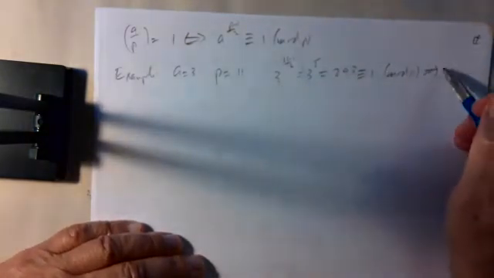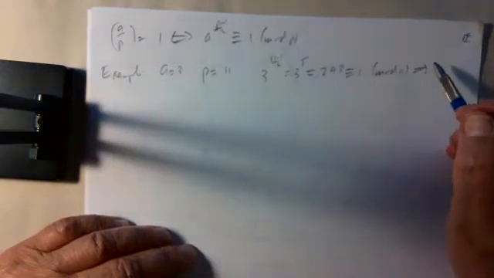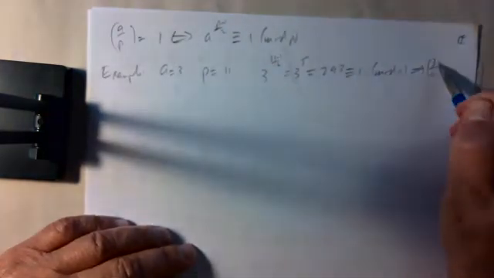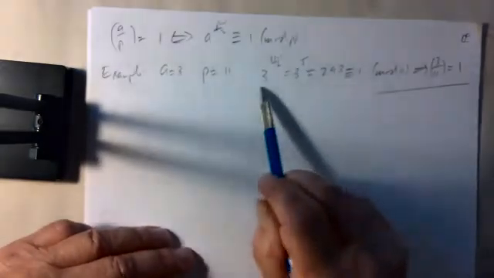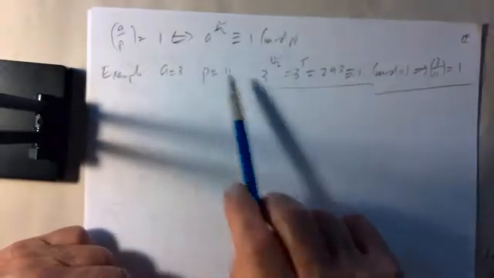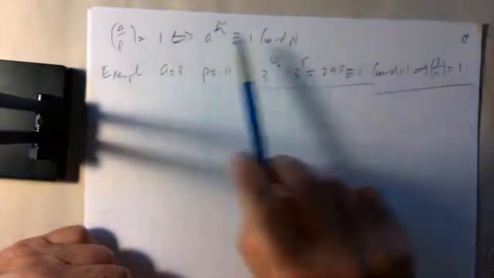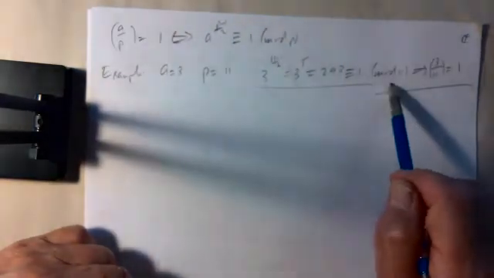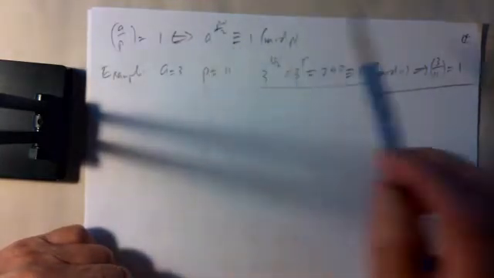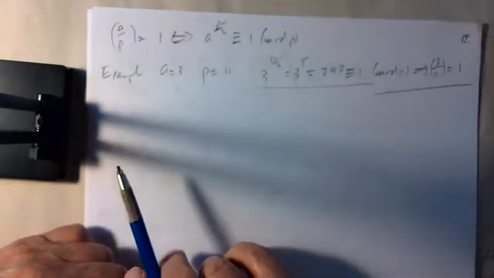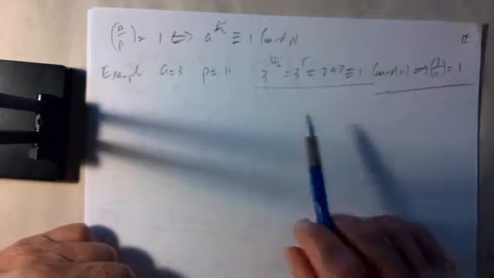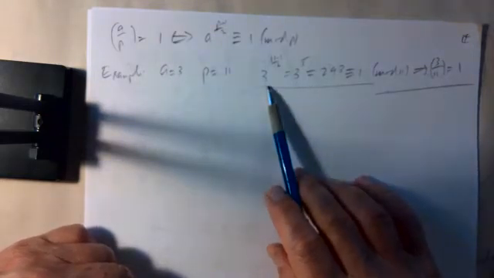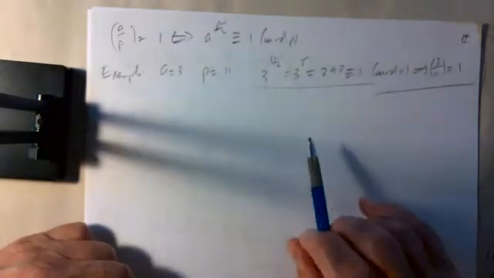So 3 is a quadratic residue. 3 over 11 is equal to +1, because 3 to the (11 minus 1) over 2 is congruent to 1 mod 11. This doesn't tell us how to find the square root, but it does tell us that the equation x squared congruent to 3 mod 11 has a solution.